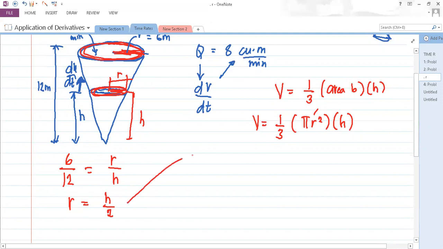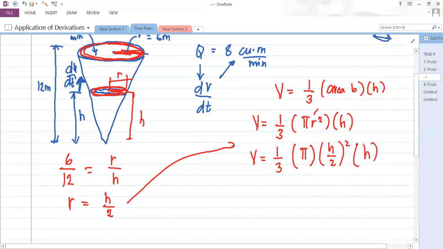We can equate now our radius in terms of height, that is h/2. Let's substitute this here. So volume is now equal to 1/3 pi, our radius h/2 squared, multiplied by height.